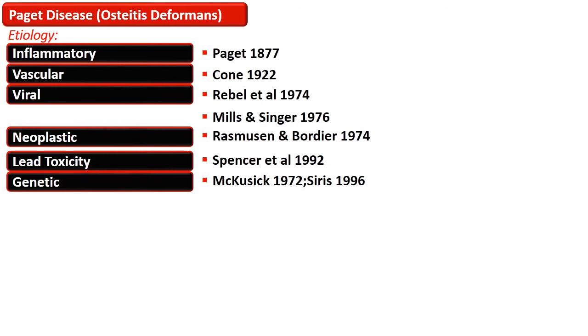During the same era, Rasmussen and Bordier thought that it is a neoplastic lesion. It was related to lead toxicity in the early 90s by Spencer et al, while in the late 90s Sri linked it with a genetic etiology.